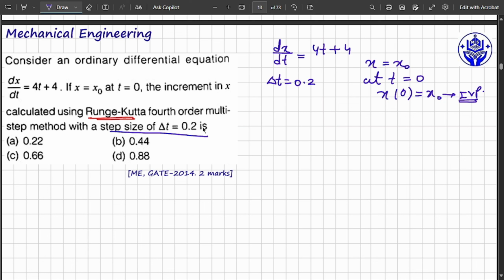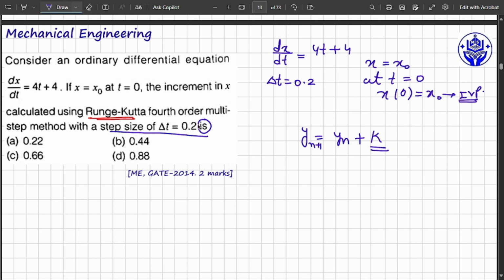Then we calculate the increment in x using this. Basically we will have a multi-step method like this. The formula of the Runge-Kutta method: yn plus 1 is equal to yn plus k, where k represents the increment in x.